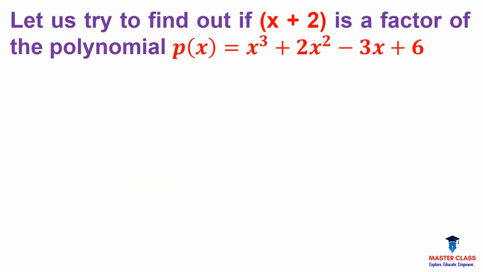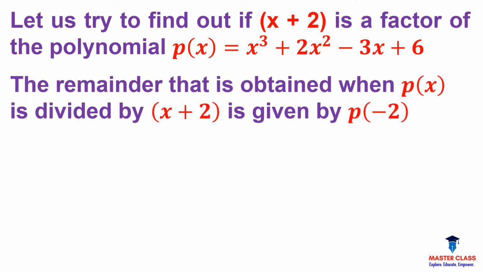Let us try to find out if x plus 2 is a factor of the polynomial p of x, which is equal to x cube plus 2x square minus 3x plus 6. The remainder that is obtained when p of x is divided by x plus 2 is given by p of minus 2.